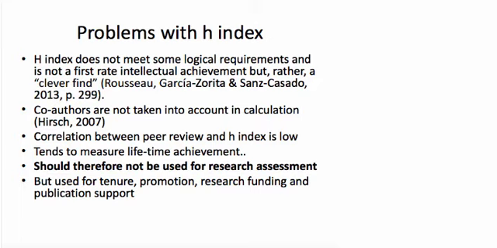Yet, we see examples where, for instance, there are some policies that state that if you want to become an associate professor, this is what your H-index should be. If you want to become a full professor, this is what your H-index should be. First of all, this is not a linear thing.